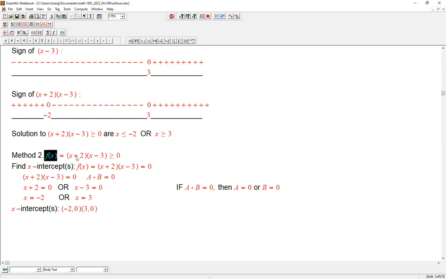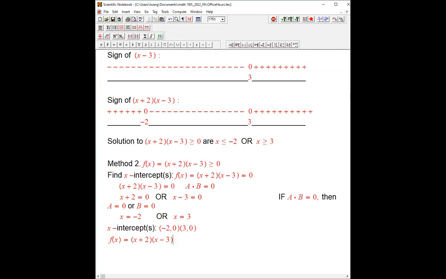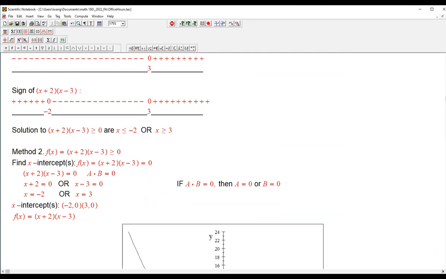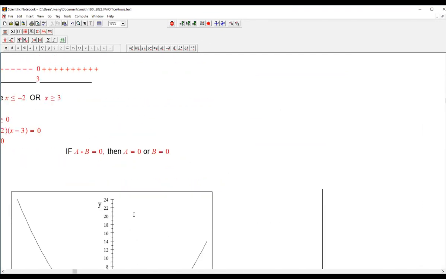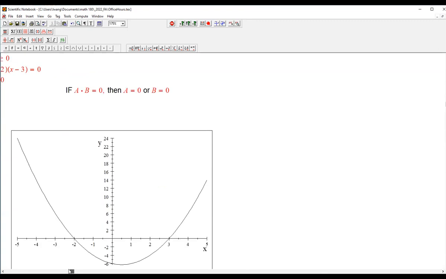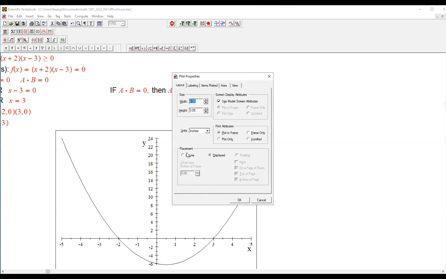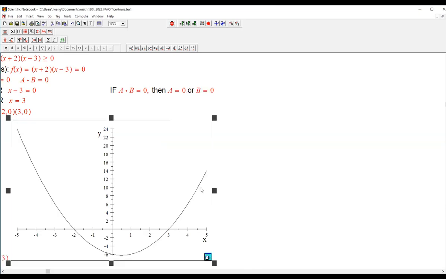So let's see where the points are. Obviously this is a parabola, and we can draw the parabola, and it looks like this. I'm going to make a little adjustment, and these pictures are at your fingertips.